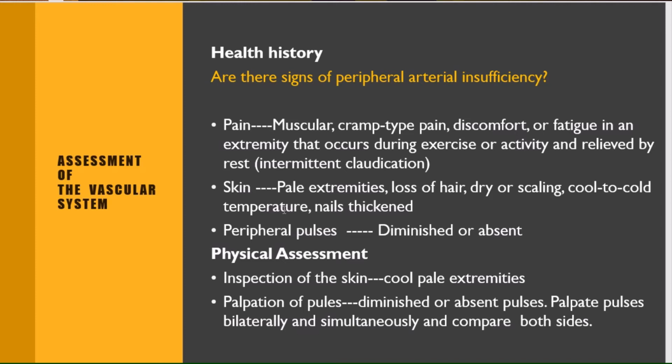The skin can be pale, with loss of hair, and can be dry, scaly, and cool to cold in temperature. Nails may be thickened, and peripheral pulses may be diminished or absent. When you do the physical assessment, you can inspect the skin and you may see a pale extremity.